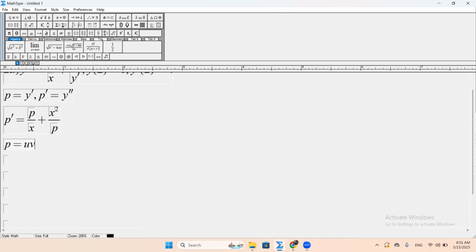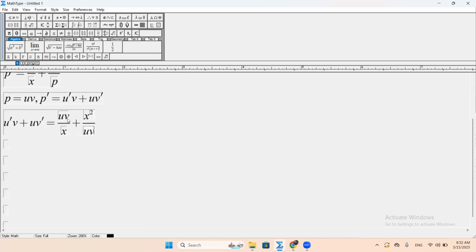So p will be the product of functions u and v. So p prime will be equal to u prime v plus u v prime. Let's substitute it into this equation for p. So we have uv over x plus x square over uv. Now let's move this addend to the left.